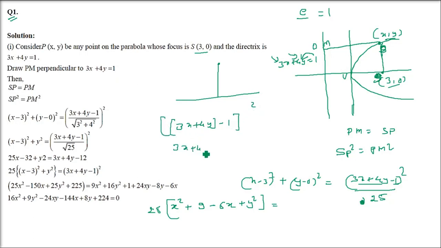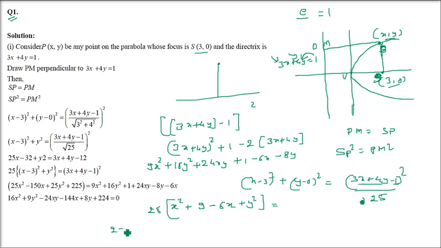So, 3x plus 4y whole square plus b square, that is just 1 square, minus 2 into 3x plus 4y. So, let us square it. 9x square plus 16y square plus 2 into 3x into 4y, so 4 threes are 12, 12 into 2 is 24xy, plus 1 minus 6x and minus 8y.